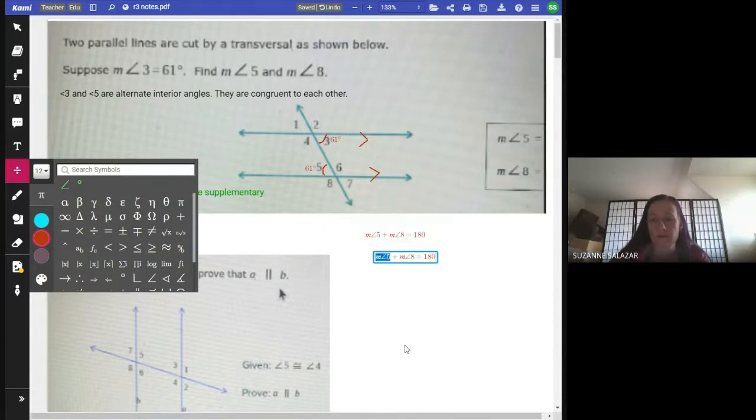Well, we know that the measure of angle 5 is 61. So 61 plus the measure of angle 8 equals 180. So we're going to solve for that. Minus 61 on both sides of my equation. So I get that the measure of angle 8 equals 119.